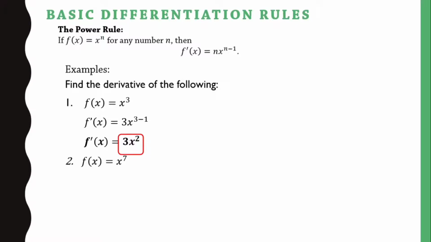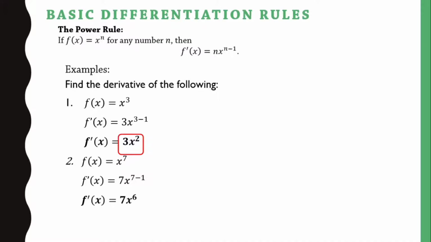Second example, we have x raised to 7. Again, using the power rule, we make 7, which is our exponent, our numerical coefficient. Then, subtract 1 from our exponent. So that's 7x raised to 7 minus 1.